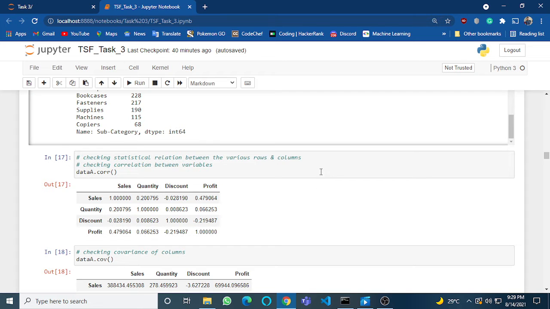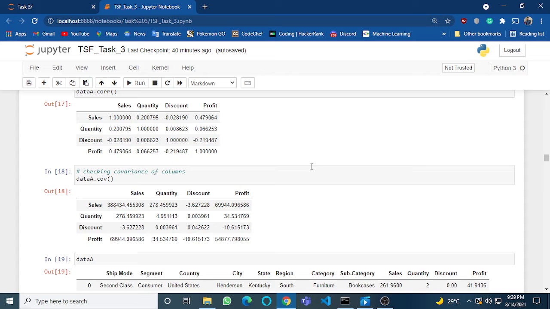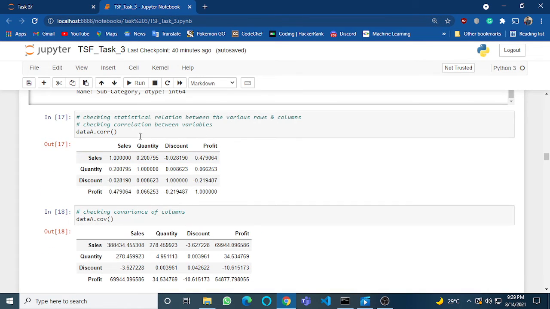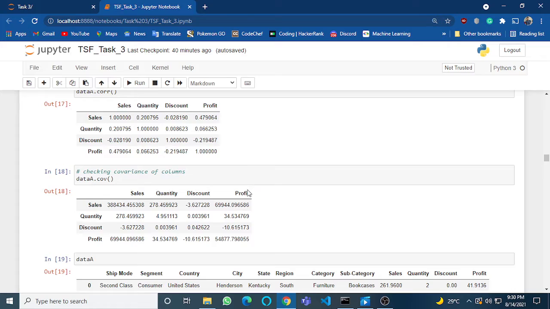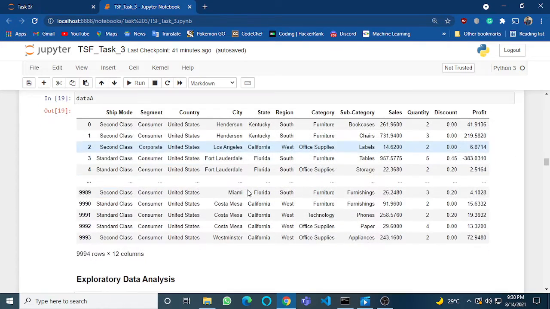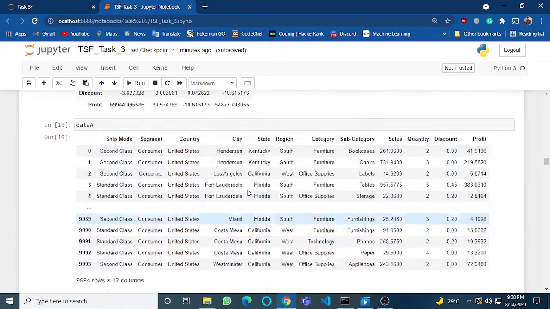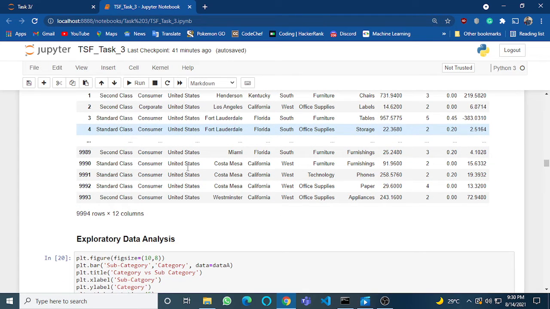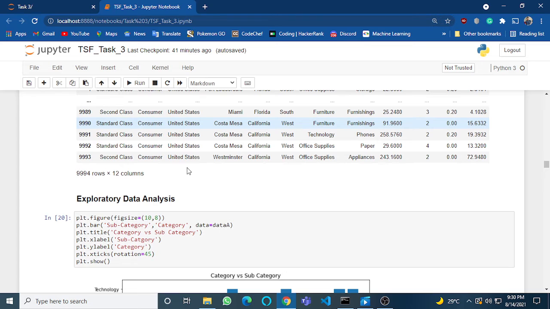Next, I have checked the correlation between variables, as covariance and correlation give us the statistical relations between rows and columns. Next, I have shown the new dataset, which I have to analyze.